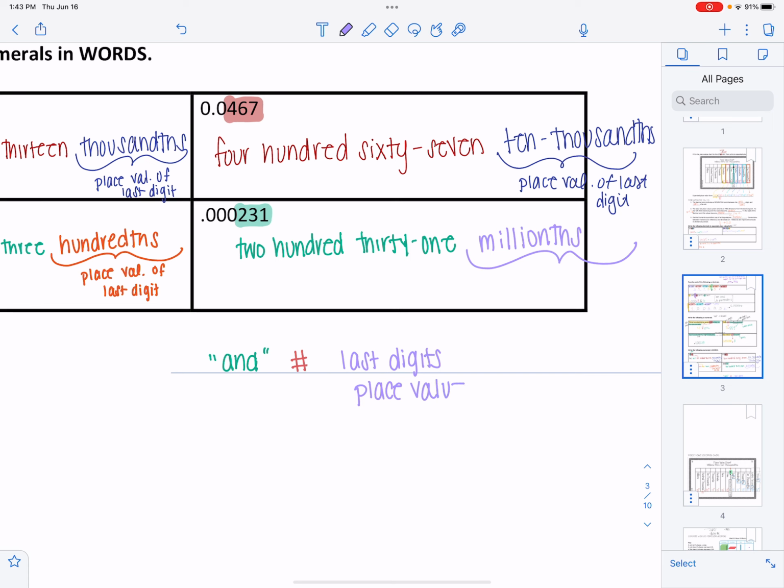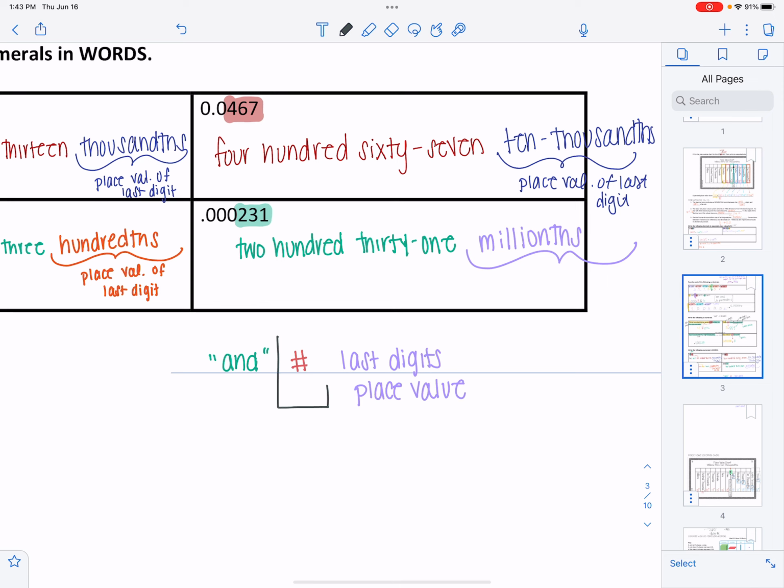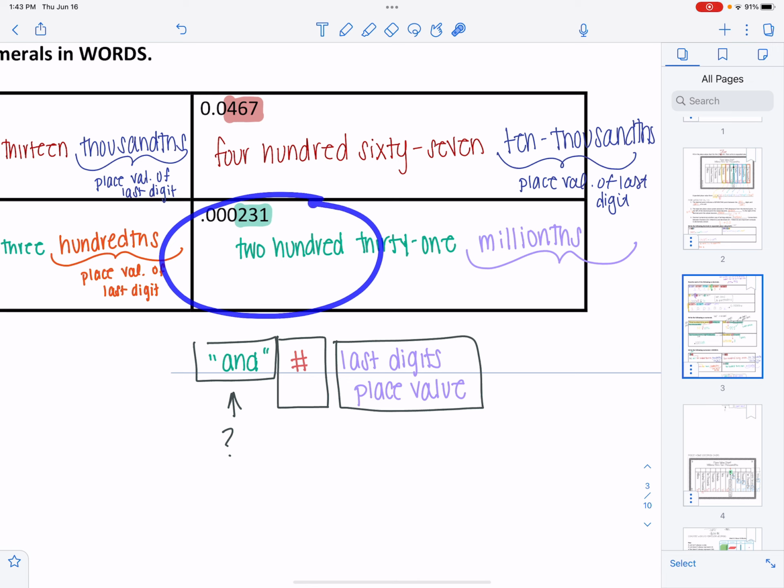That's going to kind of be your formula for these. You're going to need all three of these parts. The number itself, the last digit's place value, and then possibly the word and. You may or may not need it. Like in this example, we didn't need and because I didn't have anything to the left of the decimal. But if you do have numbers to the left and you want to split those, then you need that word and there.